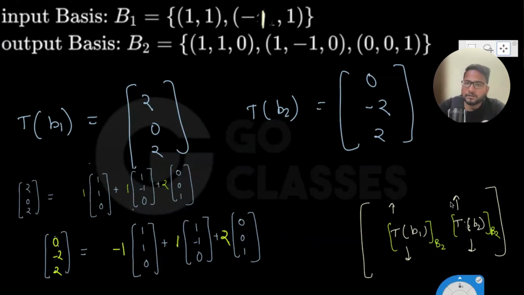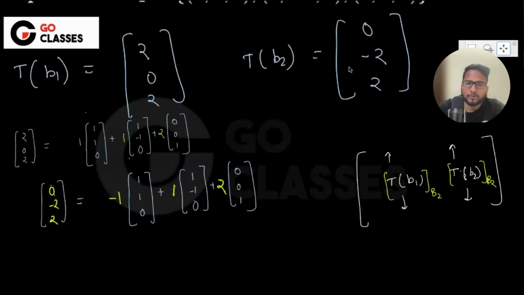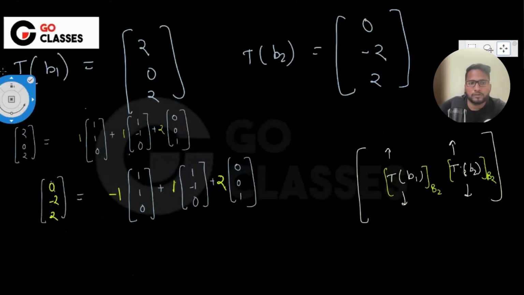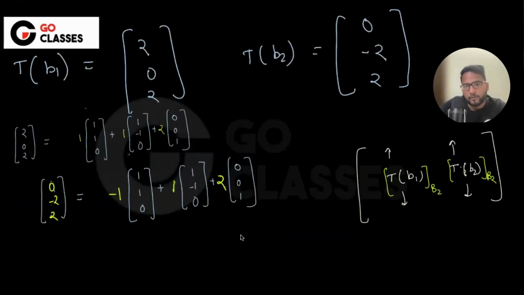Okay. So you have both of your vectors. What are those vectors? This T of B1 and T of B2 with respect to the output basis B2 you have, right? So finally you have got both of your vectors. And what are those? This is 1 1 2. This is -1 1 2, right?